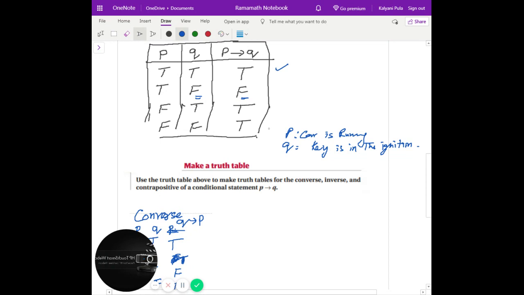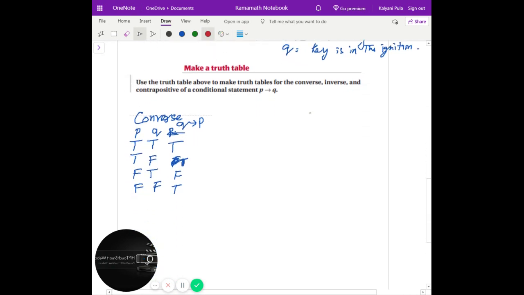And then false, false is always true. And the only thing is true, false is false. True implies false is false. And then false, true is true. That's how you remember these truth tables. If you look at it here also, true, true is true, and false, false also is true.